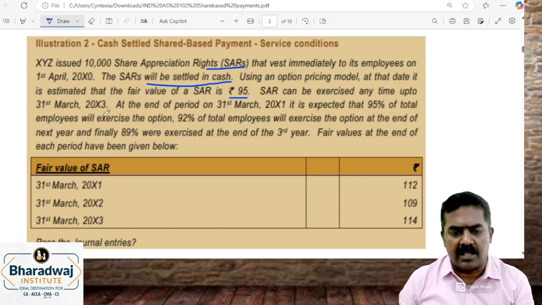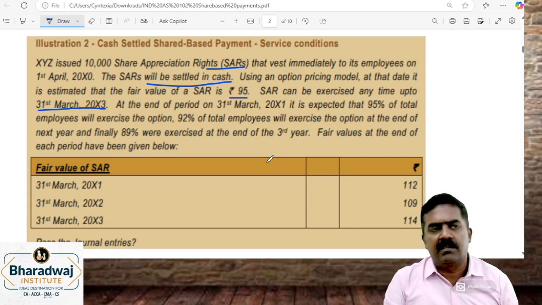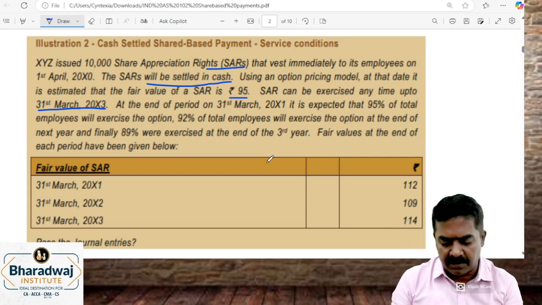SAR can be exercised up to 31st March 2023. At the end of 2001, it is expected that 95% of the total employees will exercise the option. 82%, 95% expected at the end of the year. Fair value at the end of each year is given: 112, 109, 114. They ask you to pass the journal entry. Read through the question once again, then we'll work out.